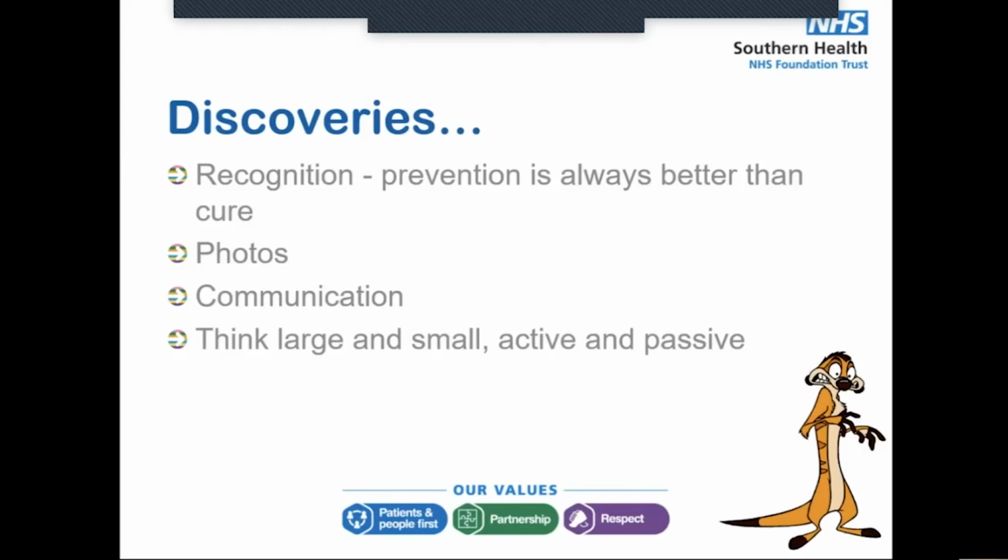Even the simple task of assisting someone to put their arm into the sleeve of their jumper is still moving. You're still stretching out that limb. And then being creative, so having fun within that situation, and encouraging your residents to work with you.